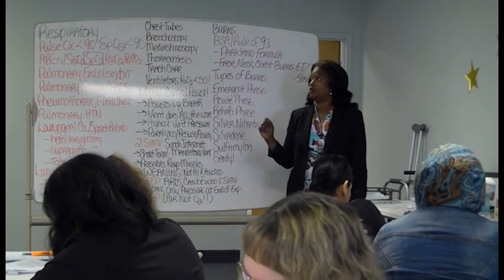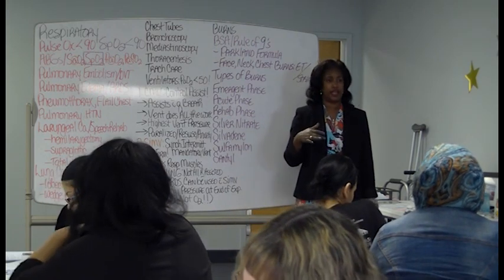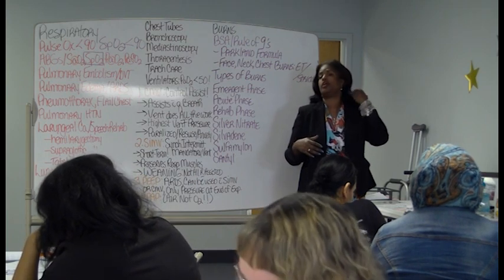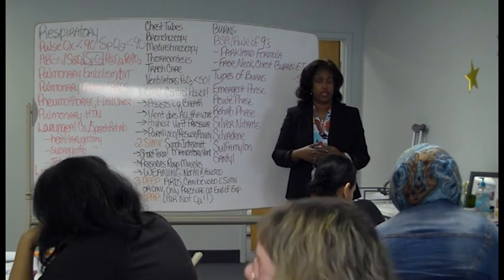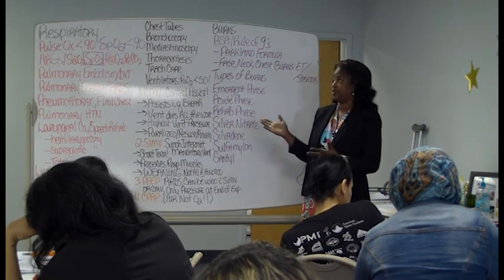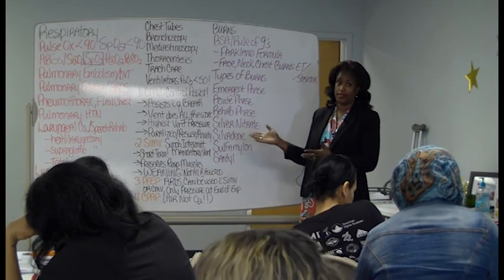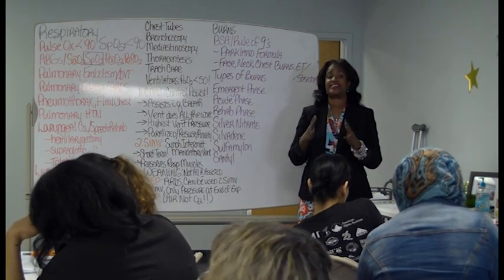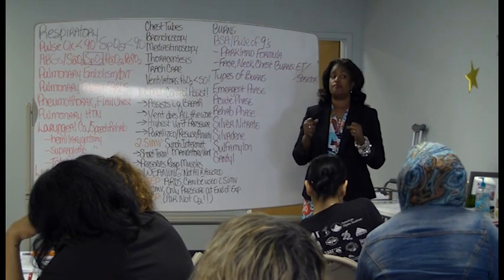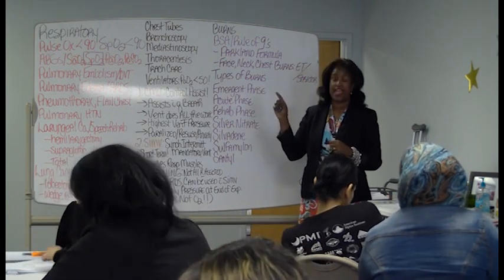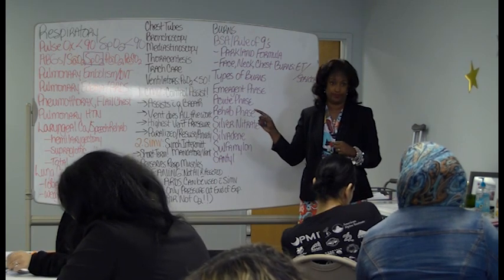Okay? Now, a pulse ox less than 90, you should know by now, is a medical emergency. The pulse ox less than 90, or SpO2 less than 90, is going to have the exact same measurement, even though it's different, as SaO2.